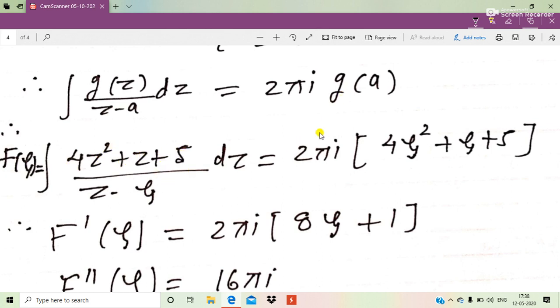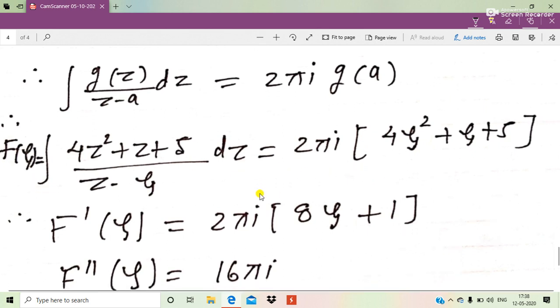Therefore g of zeta will be 4 zeta square plus zeta plus 5. Therefore the value of this integration, which is equal to f of zeta, will be equal to 2 pi i into (4 zeta square plus zeta plus 5). So this is the value of f of zeta.